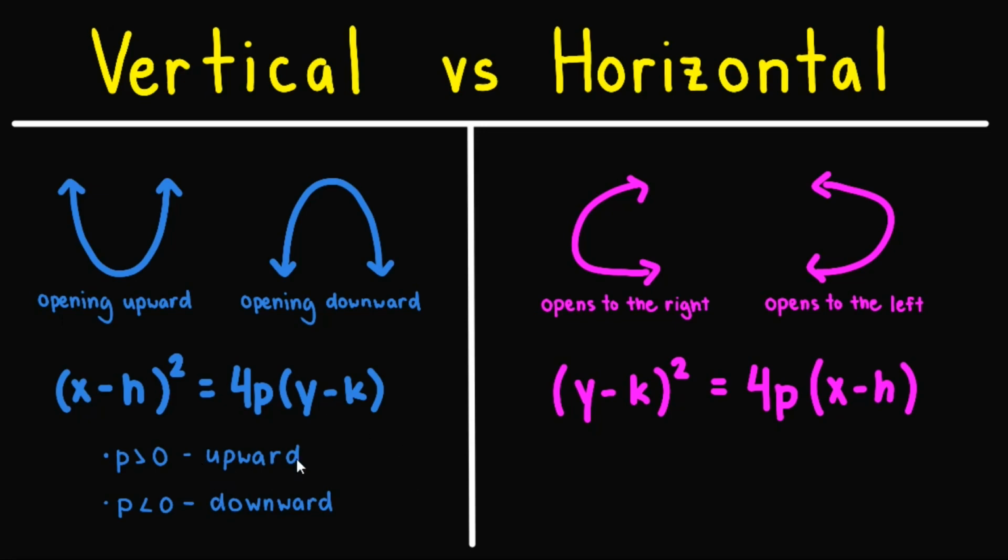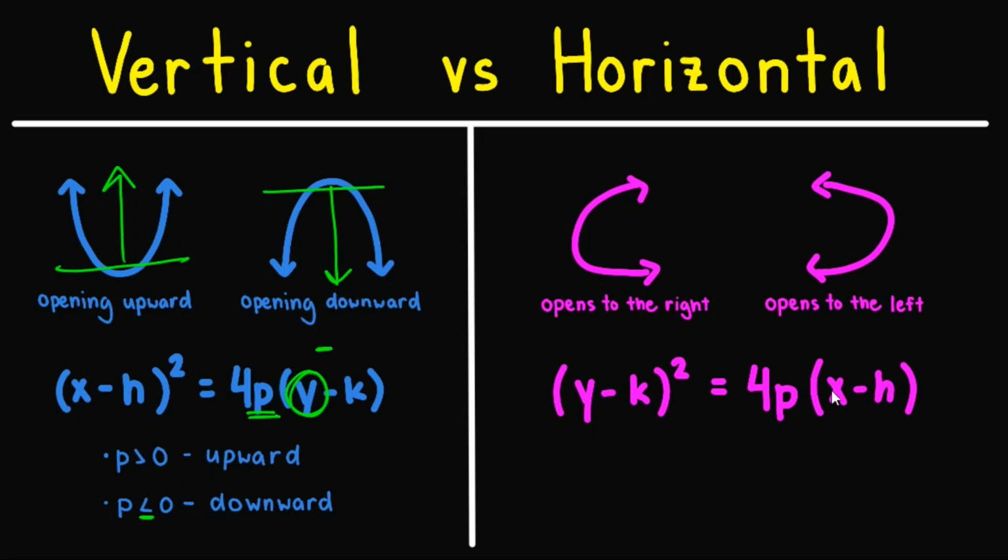To understand this, observe that if p is positive, then y out here is also positive, so we're dealing with the positive y-axis. If p is negative, then y out here is also negative, so we're dealing with the negative y-axis.